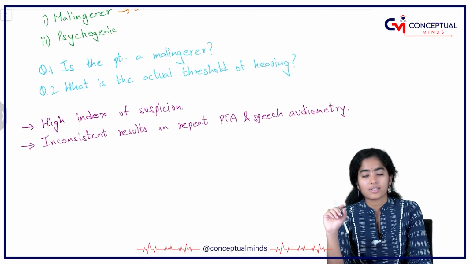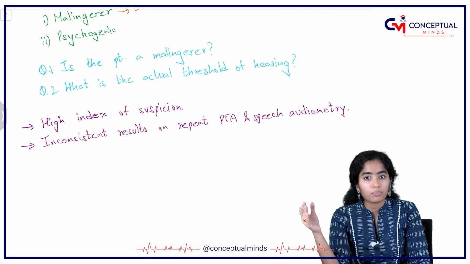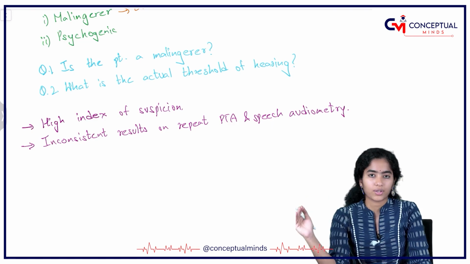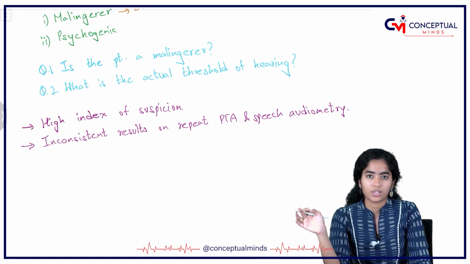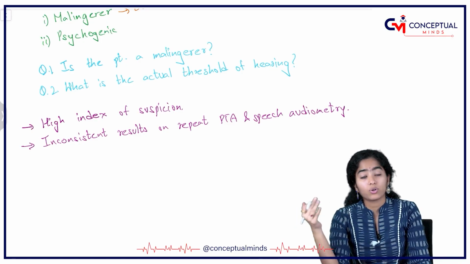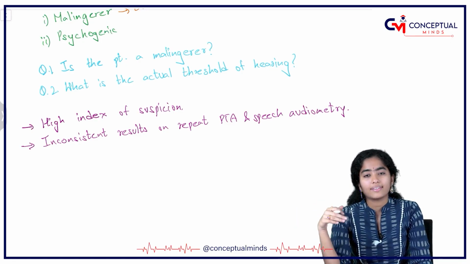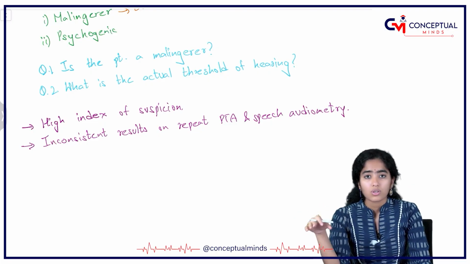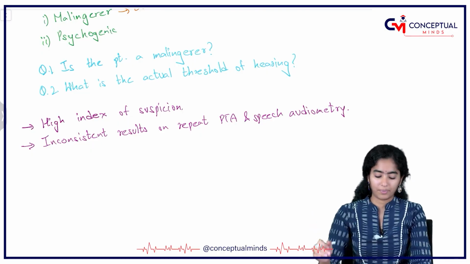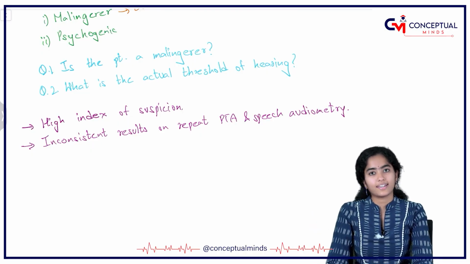So next time the results would vary. He would decide at some other point that he will stop hearing and he will say, I cannot hear. So say today when you perform the test, he has 30 decibels hearing loss. Again when he comes, he could have 45 decibels hearing loss. And 3 days later, if you perform the test, there is only 10 decibels hearing loss. So various results appear, inconsistent results.